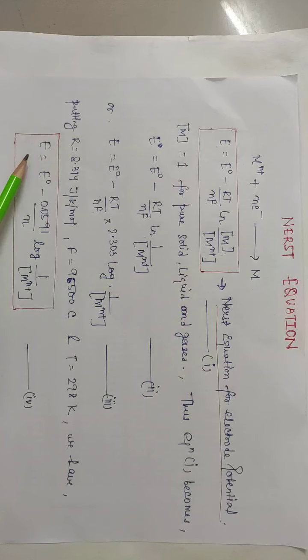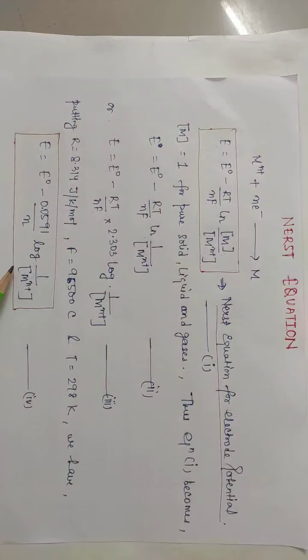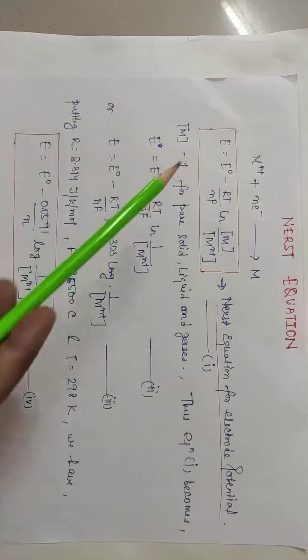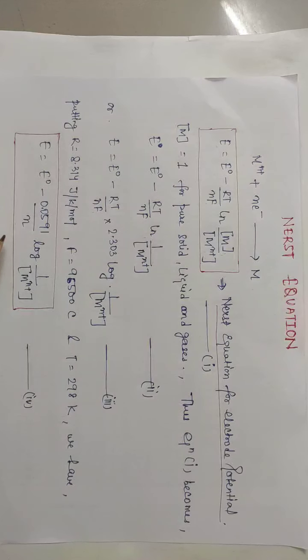That is, E is equal to E naught minus 0.0591 upon n log 1 upon the molar concentration of Mn+, that is the oxidized form of the species. n is the number of electrons involved in the redox change.